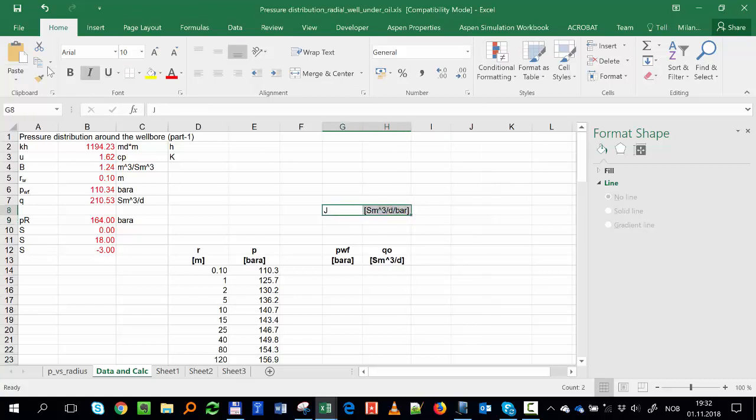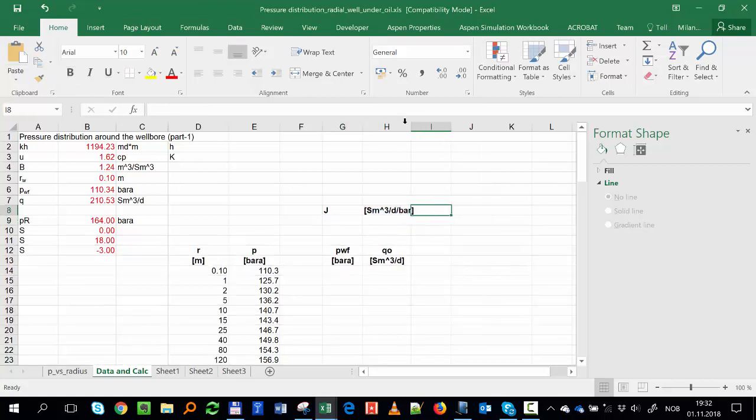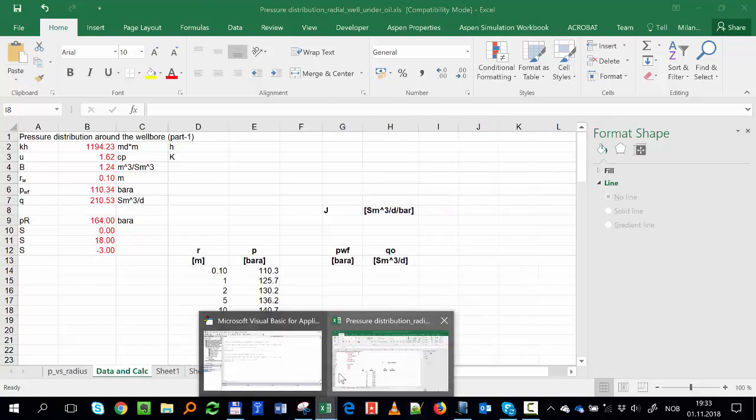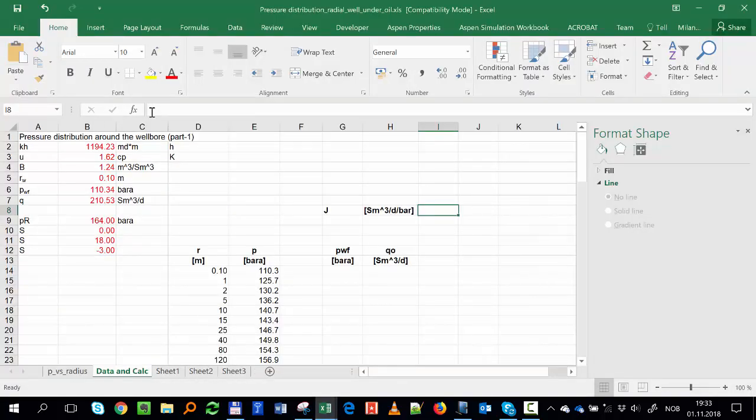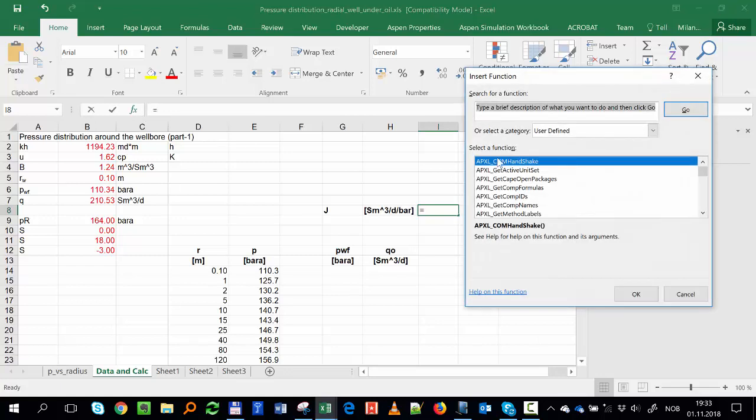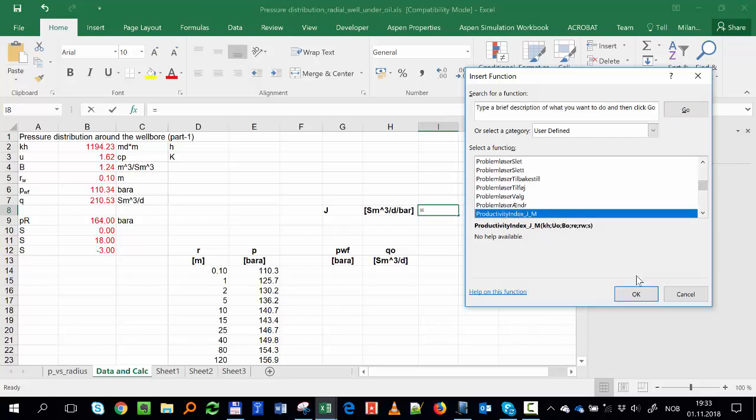Now in this cell I8, let's apply the equation. The name of the equation is productivity index, JM. So let's find it. Here, productivity index.